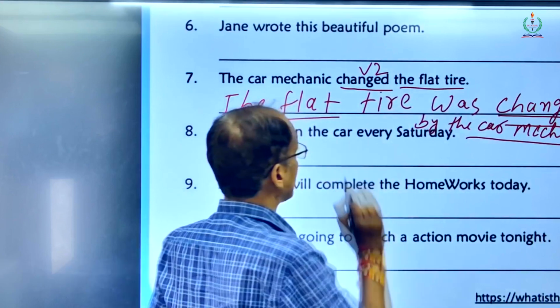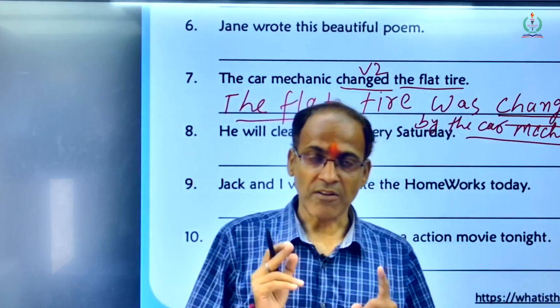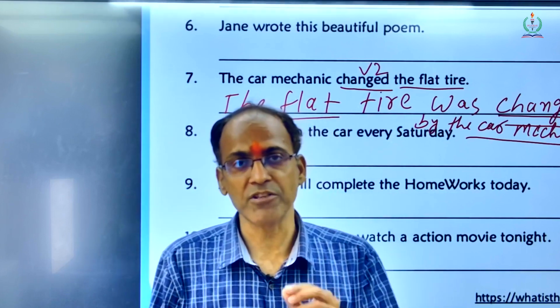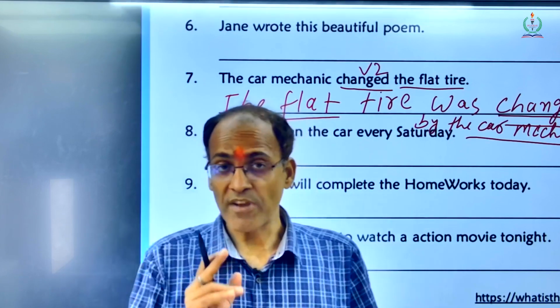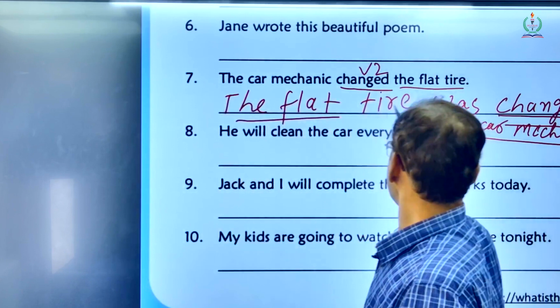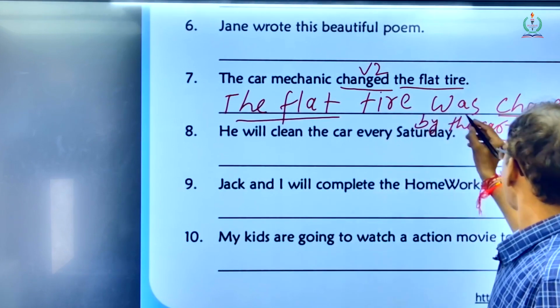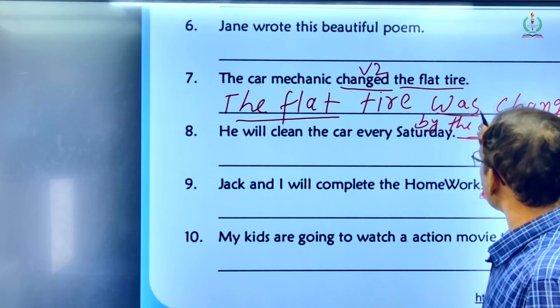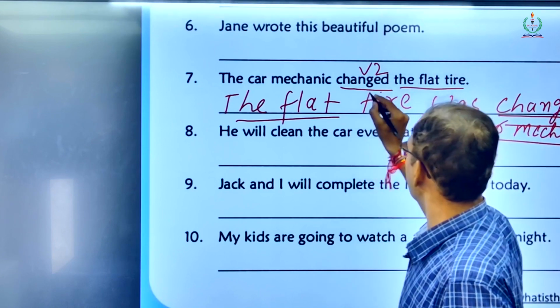And now again, important thing that we have to keep in mind always, it is the helping verb, and that's where students make mistakes. Here when we say that, why we are using was? We are using was just because the verb in active voice is in past tense.